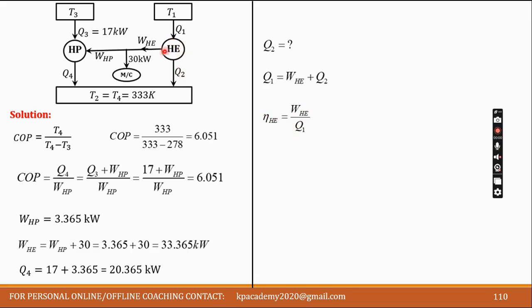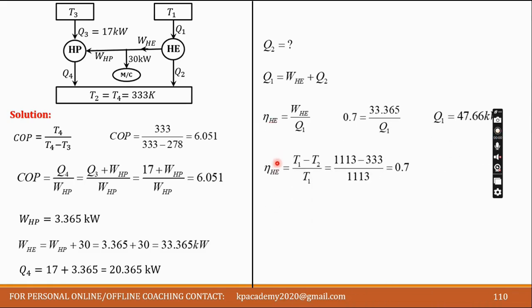As this heat engine is a reversible heat engine, we can use the relation of temperature, the efficiency formula in the form of temperature. Efficiency of heat engine is equal to T1 minus T2 upon T1, right? So source temperature minus sink temperature divided by source temperature.